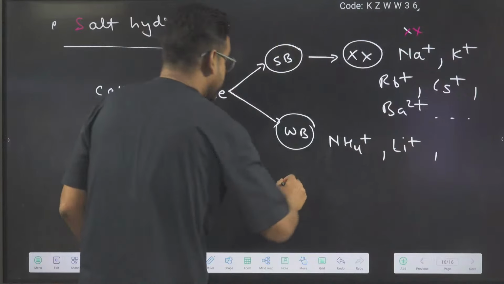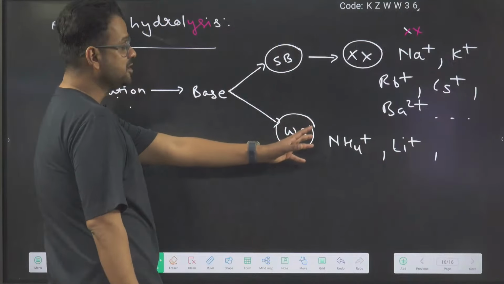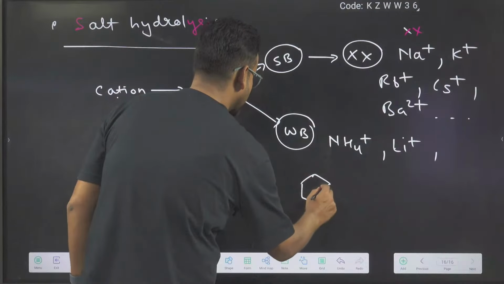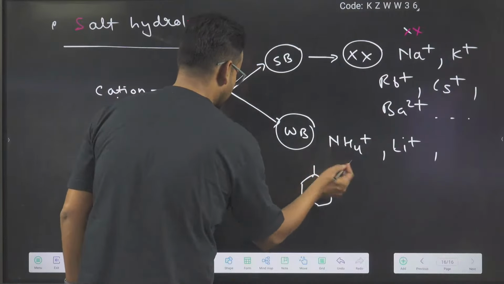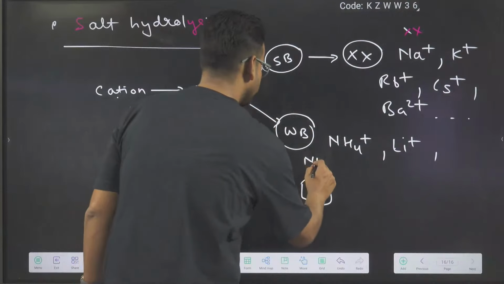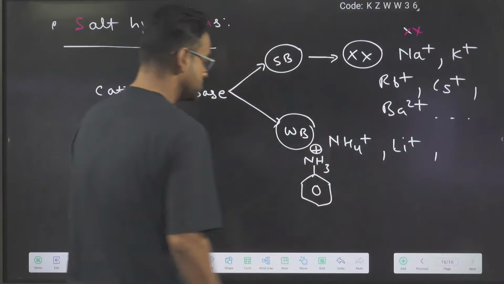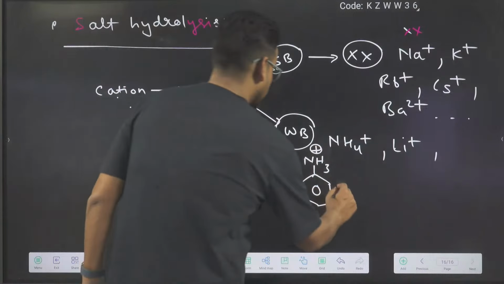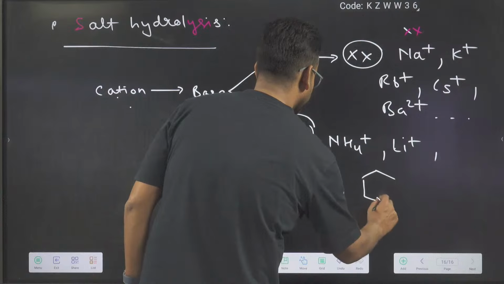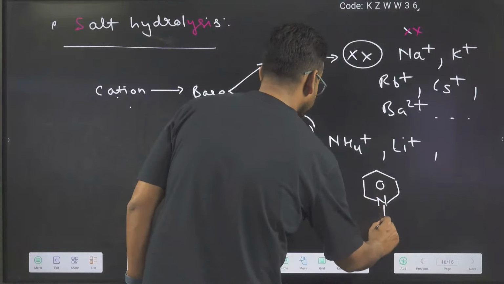But if the cation is coming from a weak base like NH4+, Li+, then you have lots of weak bases derived from ammonia. Like there is a very popular base aniline. So aniline's cation will be what? Ammonia gives you ammonium. Aniline will give you anilinium. Then you can have so many other things. Pyridinium can be there. Pyridine is also a weak base.